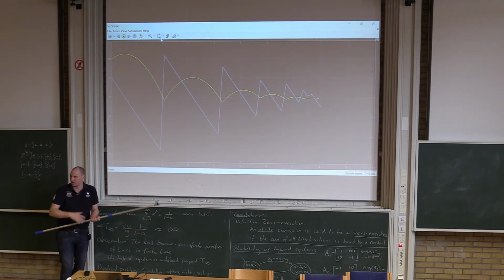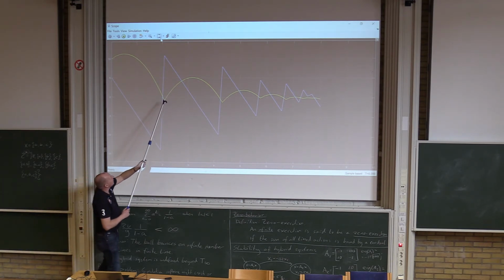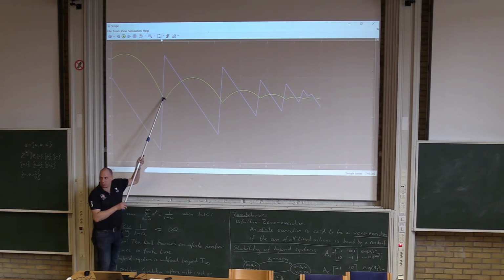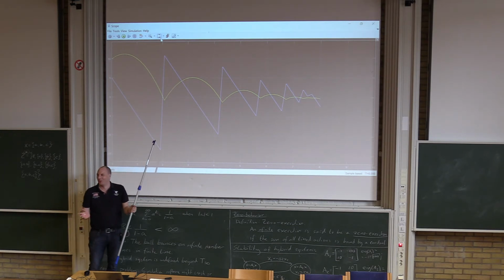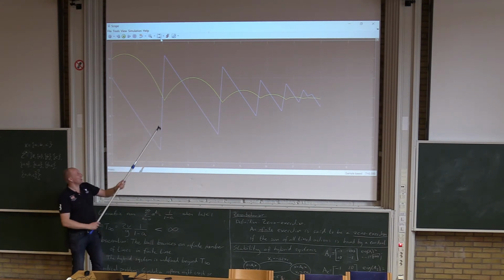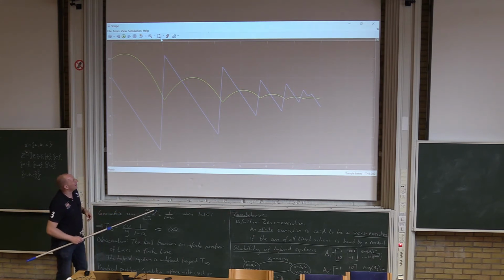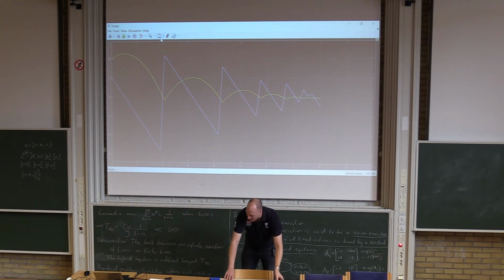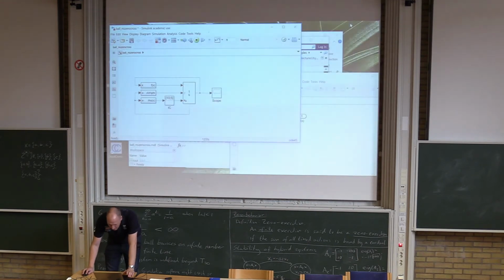Even if you have fixed step size, this could be a problem, right? We didn't really detect exactly when this bounce happened. So if you are not careful when you simulate hybrid systems, and you have written a specification that says the ball should always be above the floor, that will no longer be satisfied by this model. So you need to be careful with this.